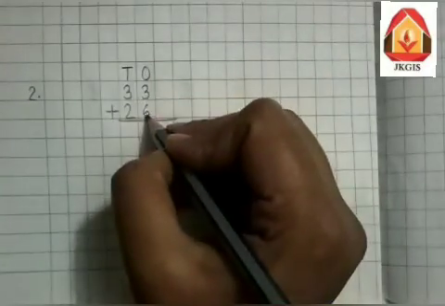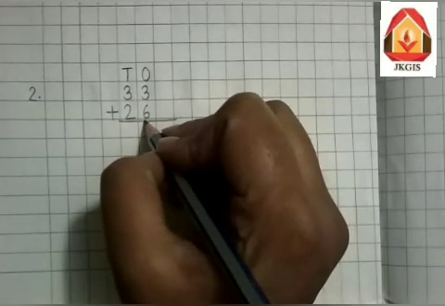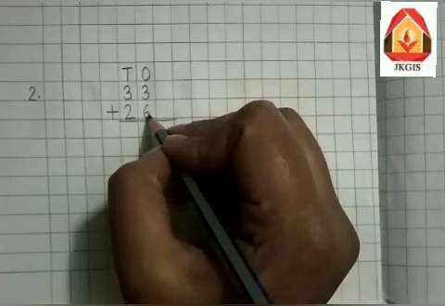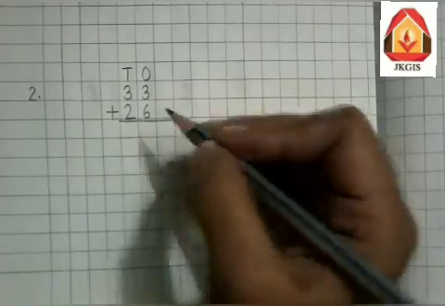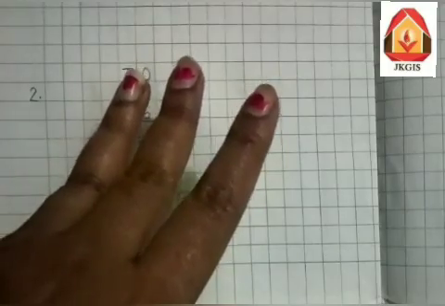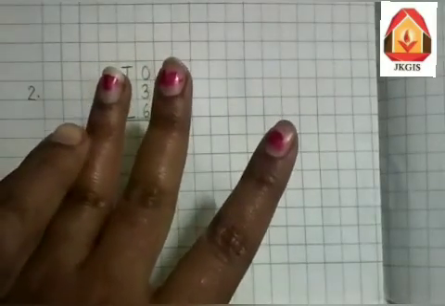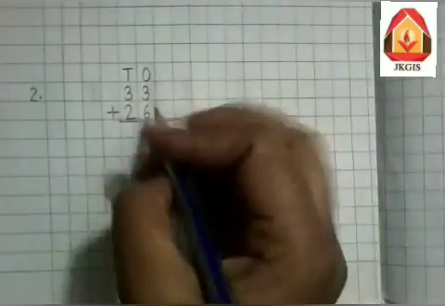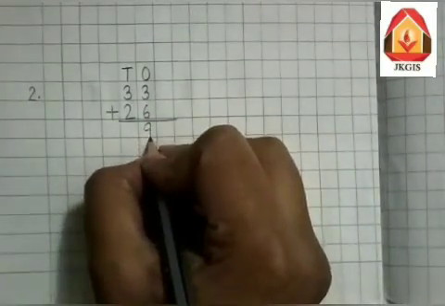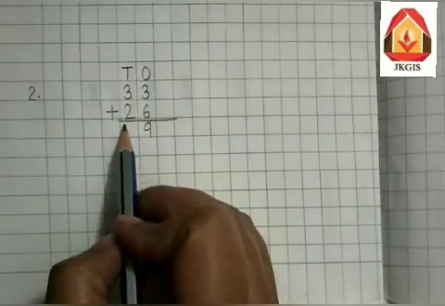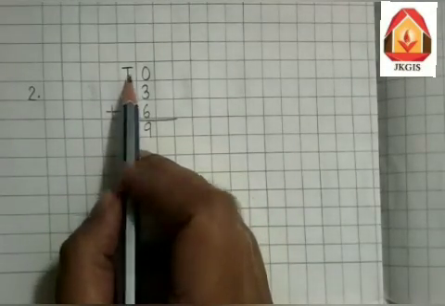So first we will add numbers on ones place. So here 3 plus 6. Let us keep 6 in our mind and 3 on fingers. So 6 plus 3, 7, 8, 9. So 6 plus 3 is equal to 9. After that we will add numbers on tens place.